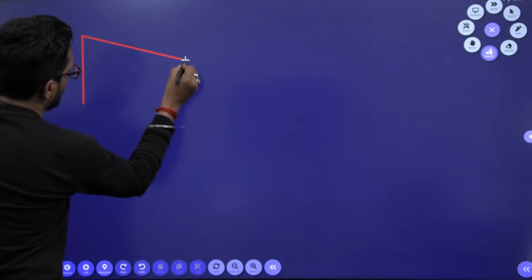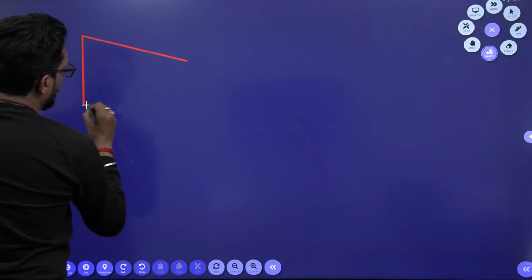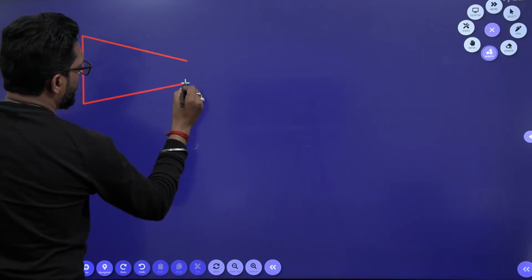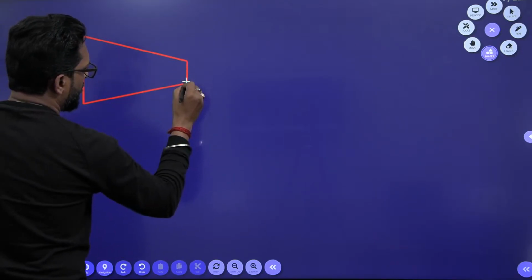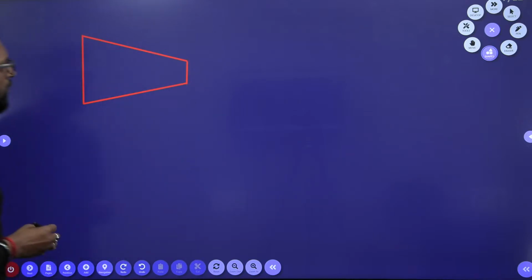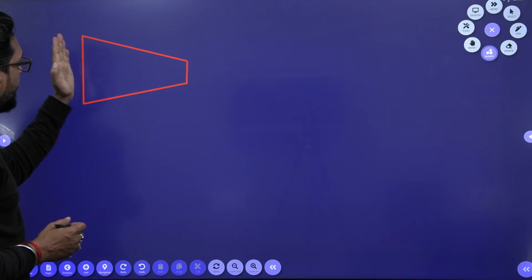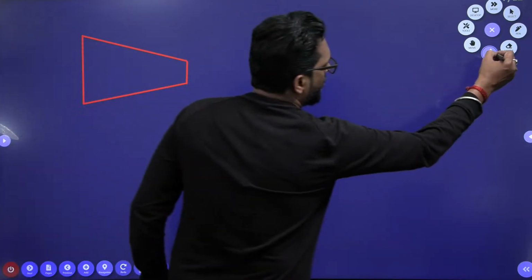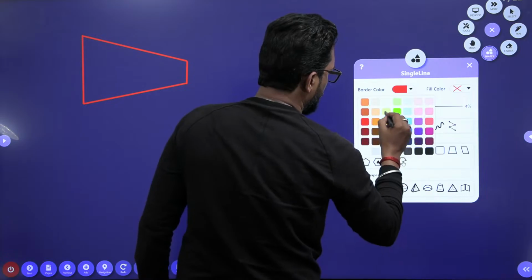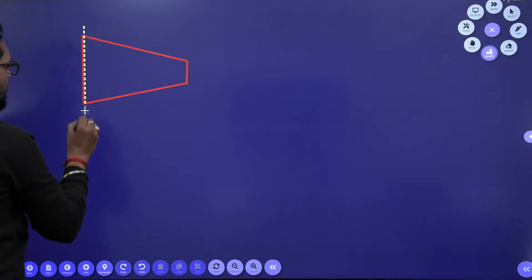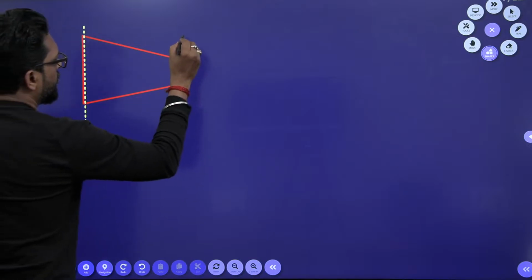Let's suppose this is your compressor. No problem at all. Now, this is your compressor, and it will compress from the inlet. Let's suppose this is your inlet section, and this is your exit section.